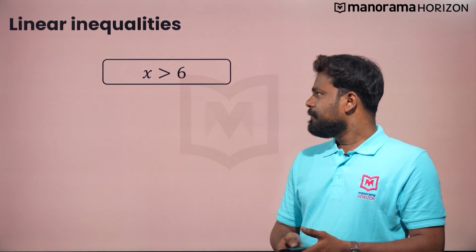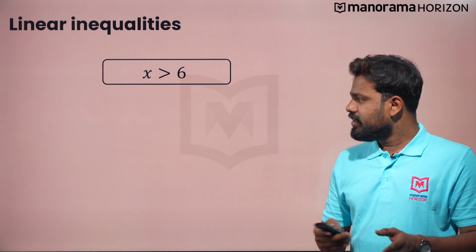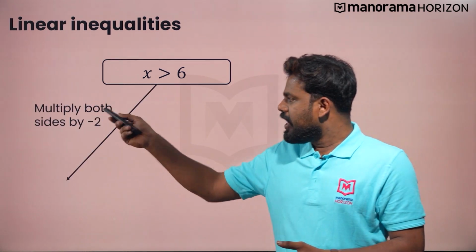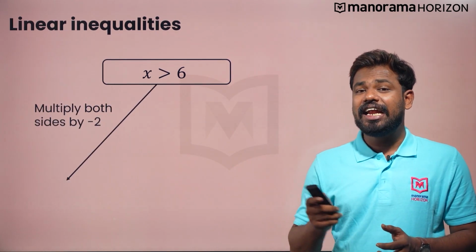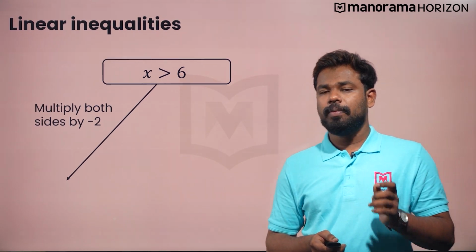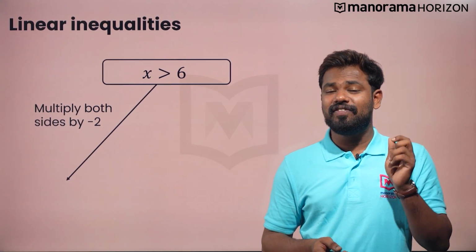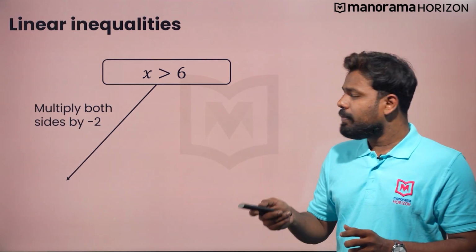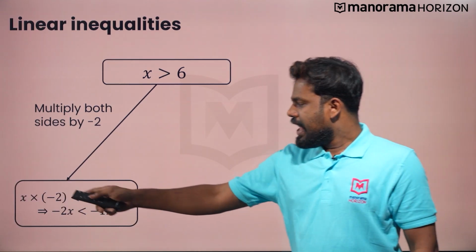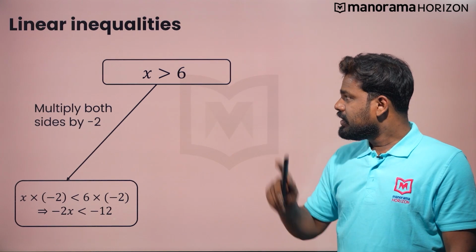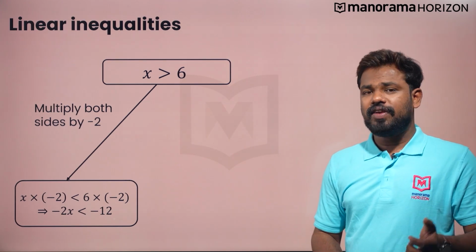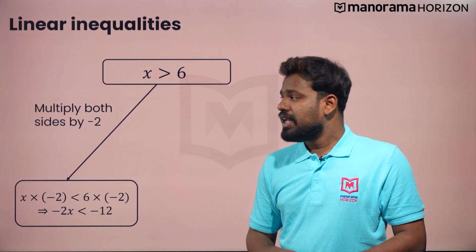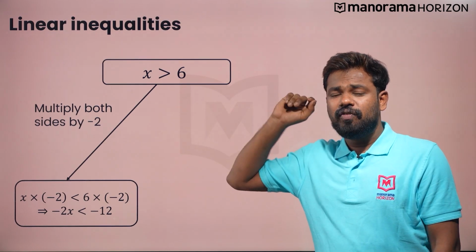On the next one again, x greater than 6. Again I'm taking the same inequality and I'm multiplying both the sides by how much? Negative 2. So listen here, I'm multiplying by a negative number. So when I multiply by a negative number, what happens? X into minus 2, then on the right side I have 6 into minus 2, or negative 12. But what happens is the sign which is greater than here will become what?